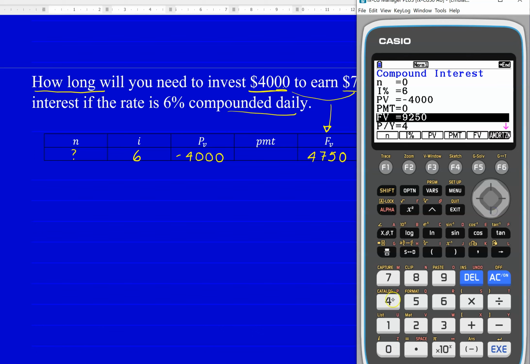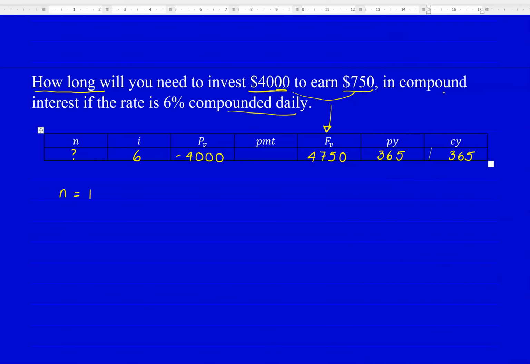PMT is still 0, 4750, 365. Okay, solve for N. So 1045.5. So we're saying N equals 1045.5. And this means it's days.